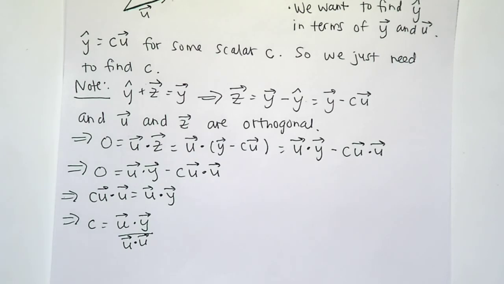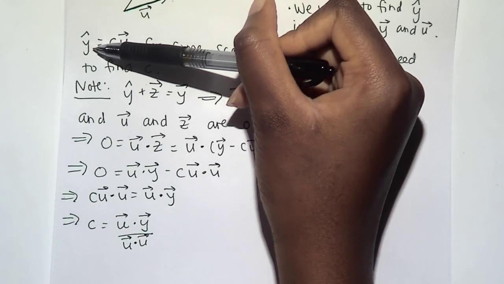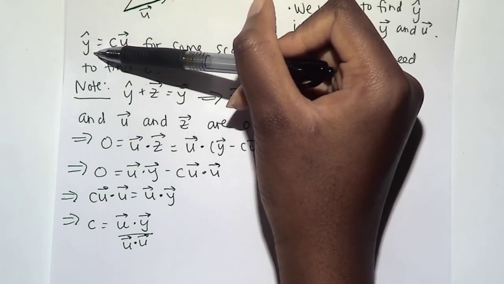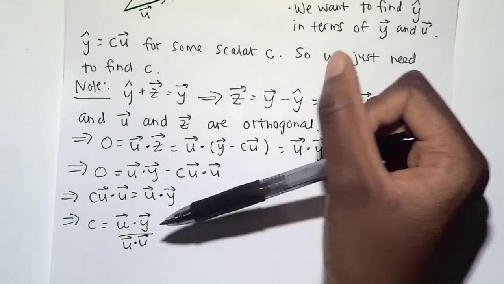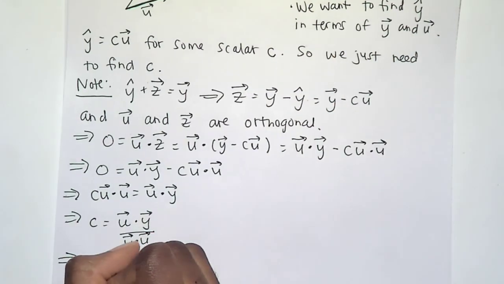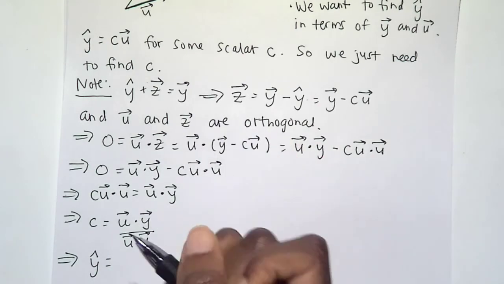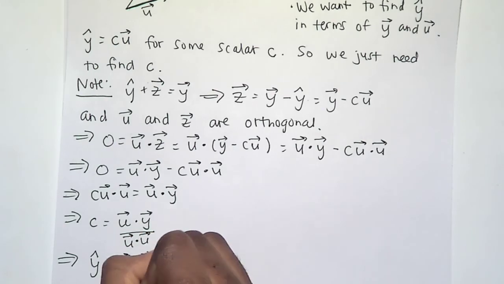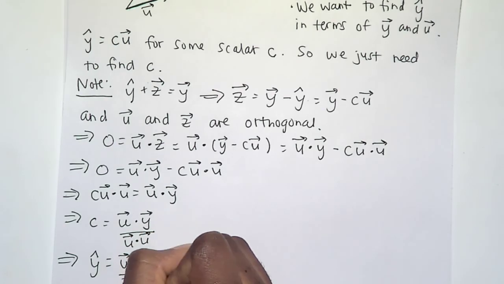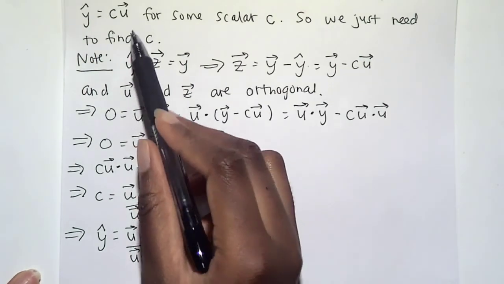Okay? All right, so now we're able to fulfill our goal, come up with an equation for y hat in terms of u and y. We said that y hat is c times u. Now we know what c is. So y hat is our c, which is u dot y divided by u dot u, times u.